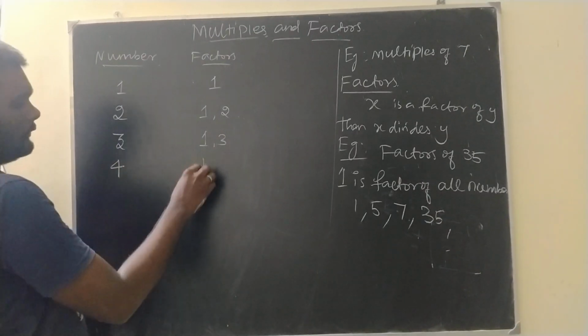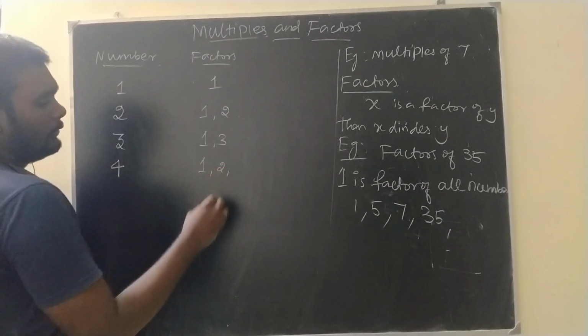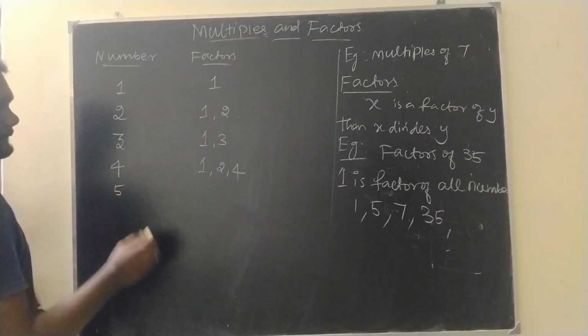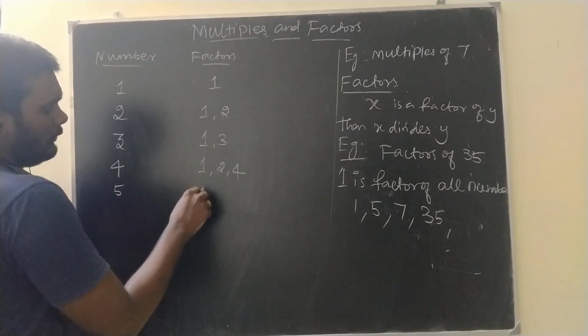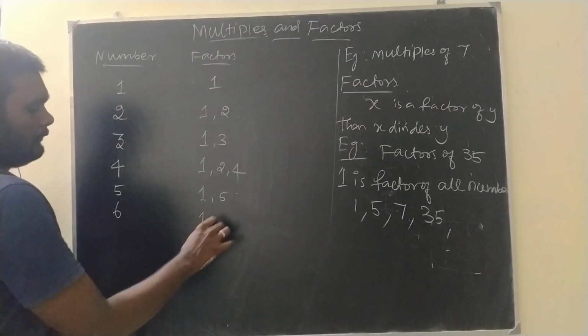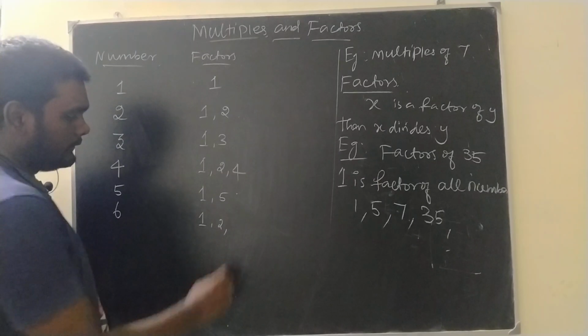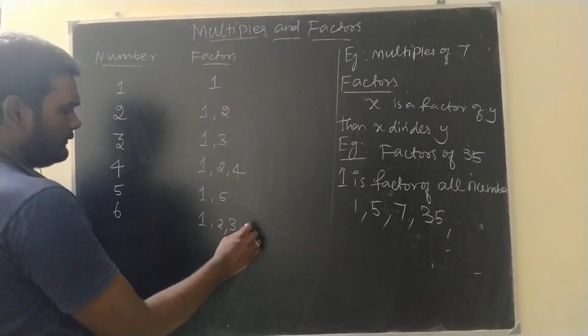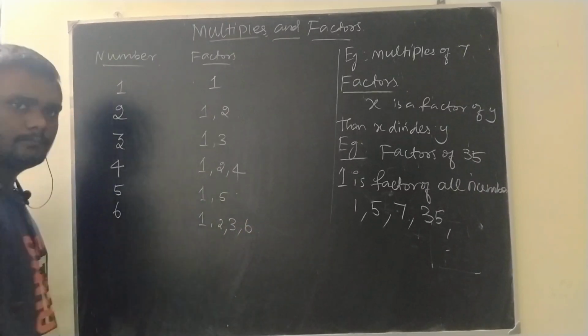Factors of 4? 1 will divide, 2 will divide, 4 will divide. Then 5? 1, 5. 6? 1 will divide, 2 will divide, 3 will divide, 4 can't divide, 5, no, 6.